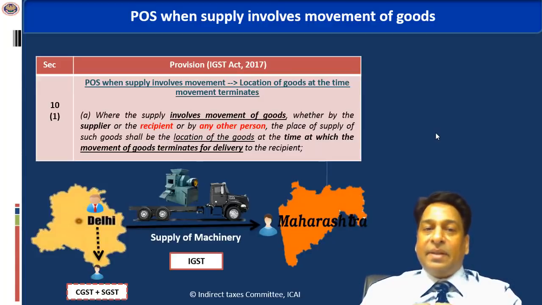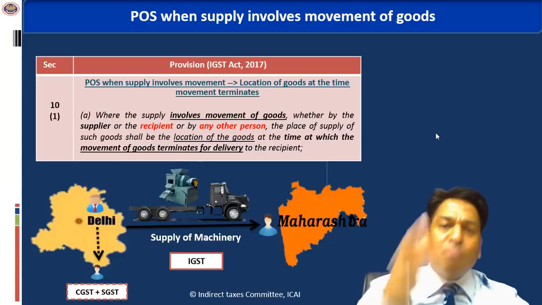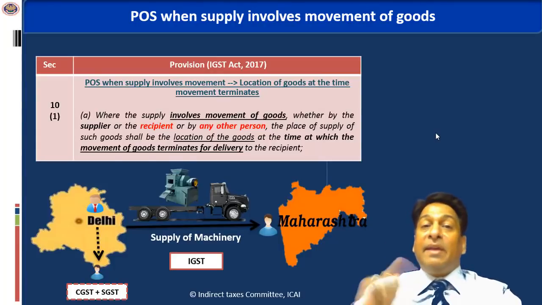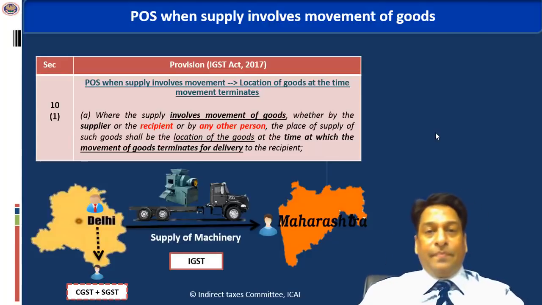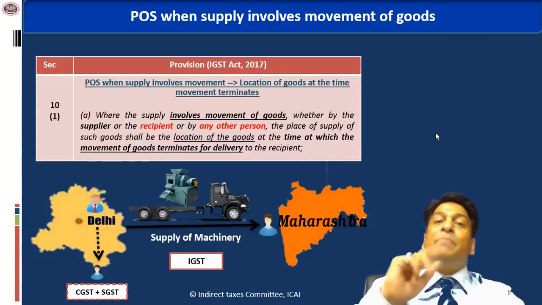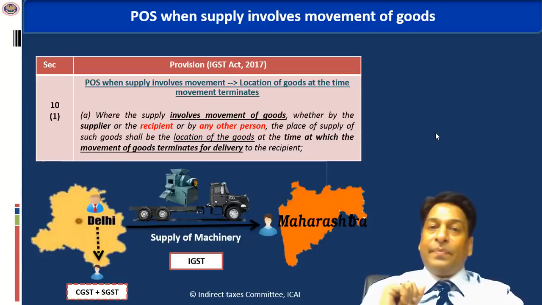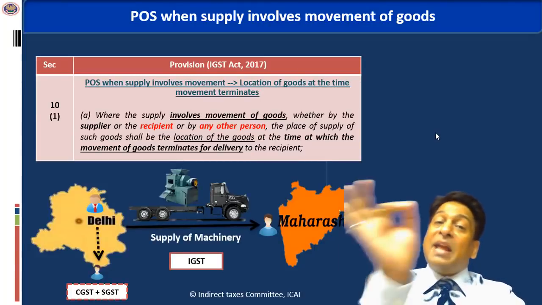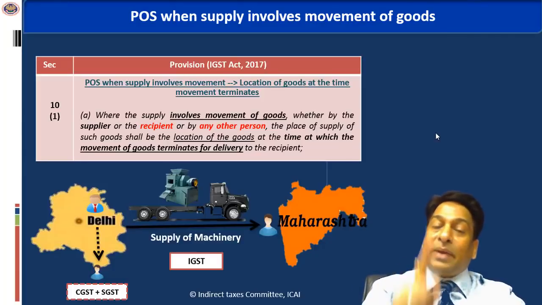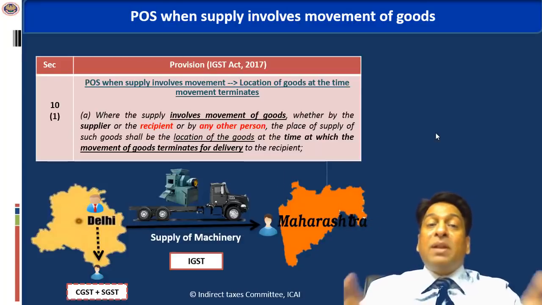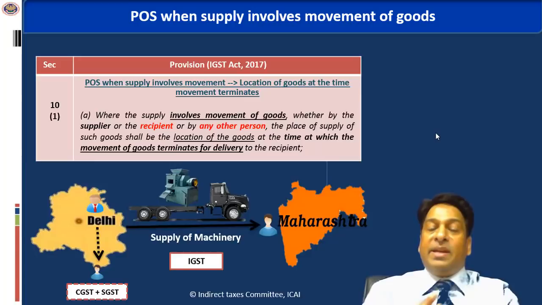Place of supply when supply involves movement of goods. Clause A says, when supply involves movement of goods, meaning goods are moving from one place to another, whether by the supplier or by the recipient, and these terms are important, or by any other person, then the place of supply of such goods shall be the location of goods at the time at which the movement of goods terminates for delivery to the recipient.